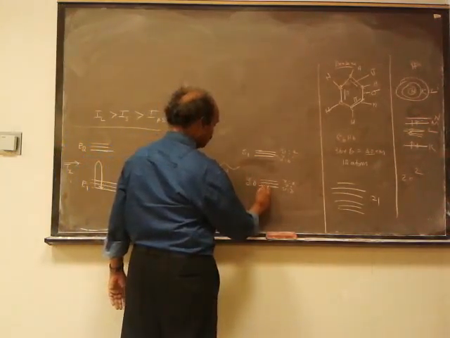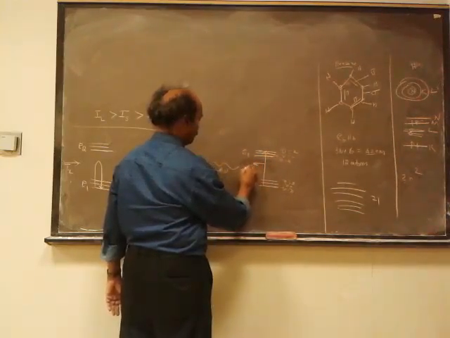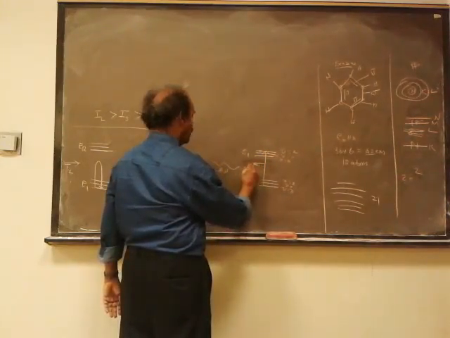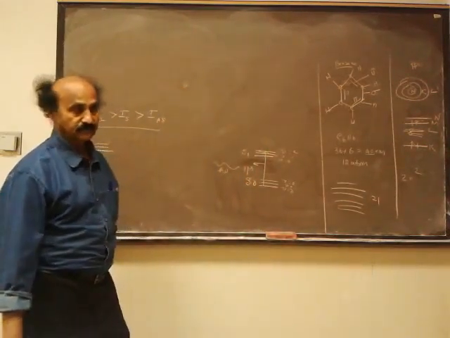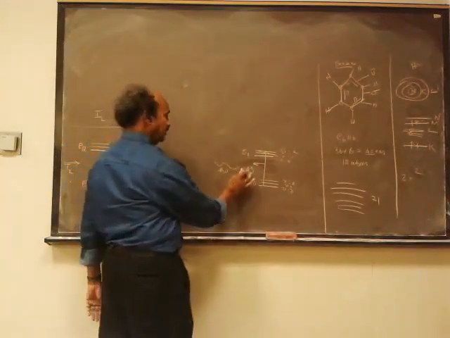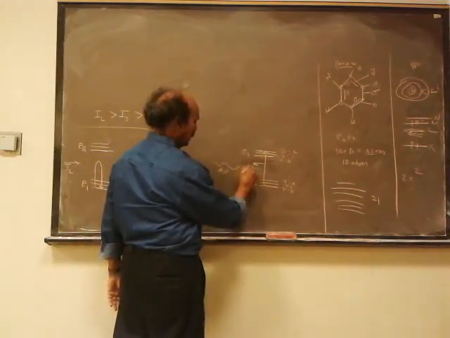The photon takes a molecule from here to here. This whole process takes place in 1 picosecond. In fact, this is done even faster. The whole jump takes place in 100 femtoseconds.